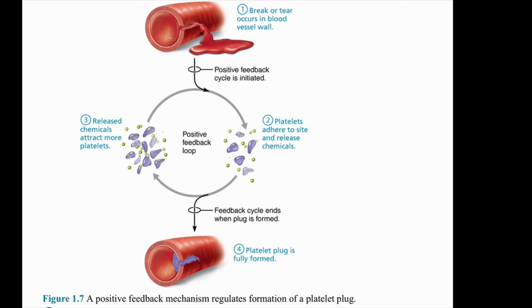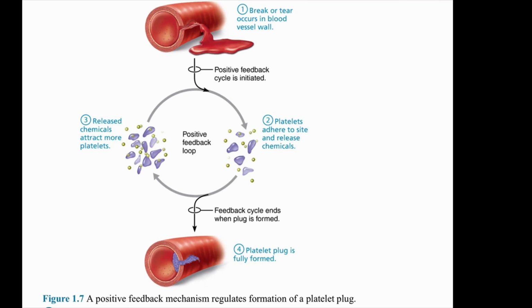Figure 1.7 shows a positive feedback mechanism that regulates the formation of a platelet plug. So let's say there's a break in the blood vessel wall, which will cause bleeding. So the positive feedback cycle is initiated.